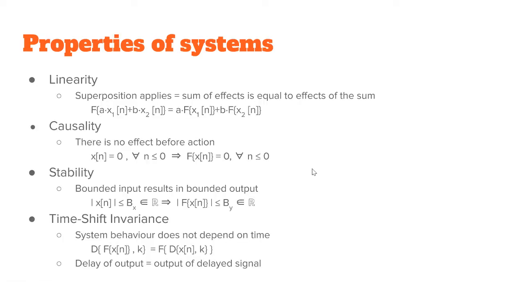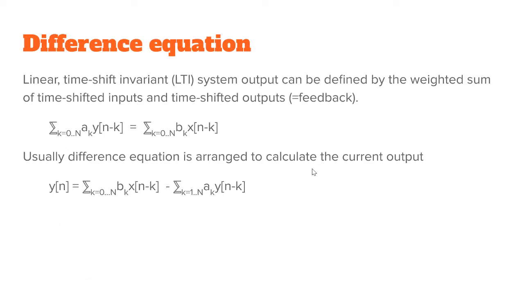Some properties. Basically, for digital systems, linear and time shift invariant systems are the ones that are used most. Most of the digital filters are actually linear and time shift invariant.